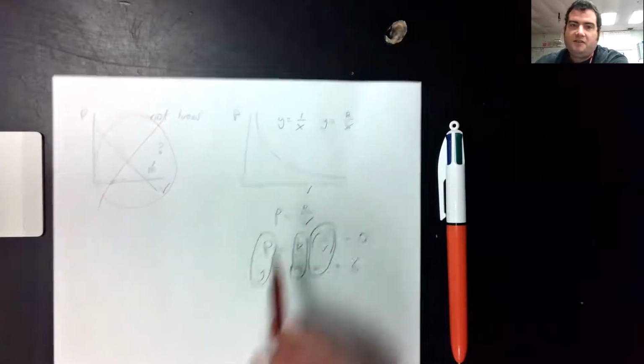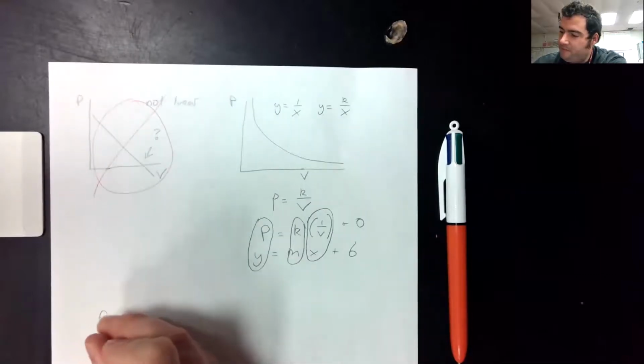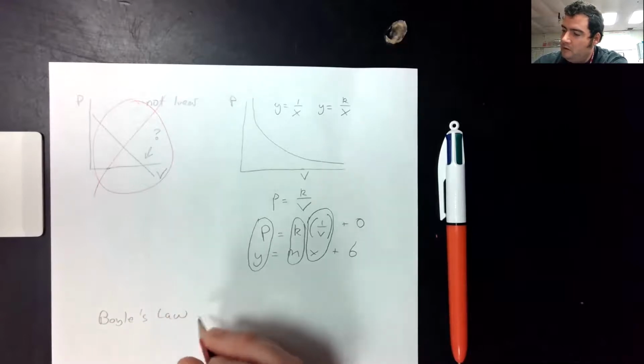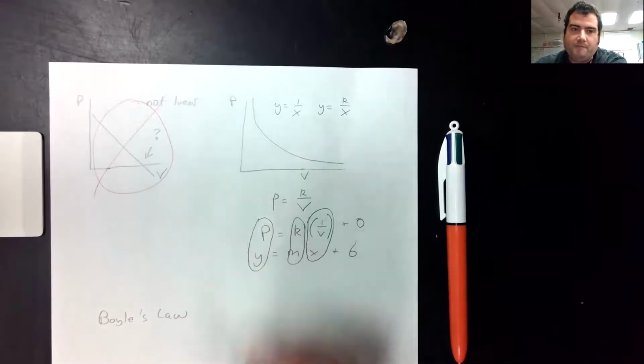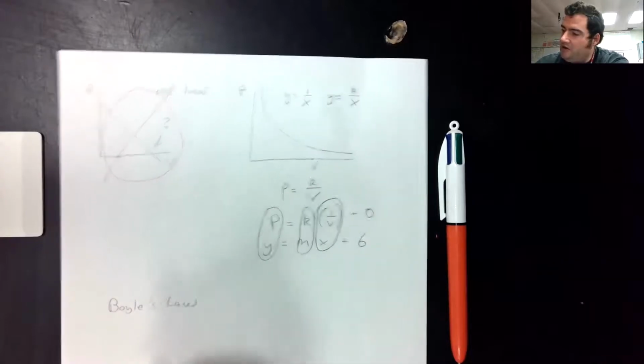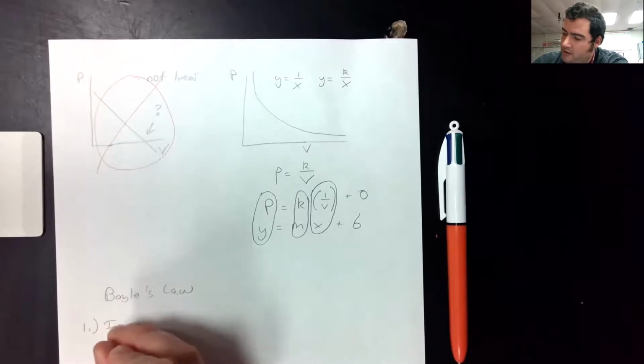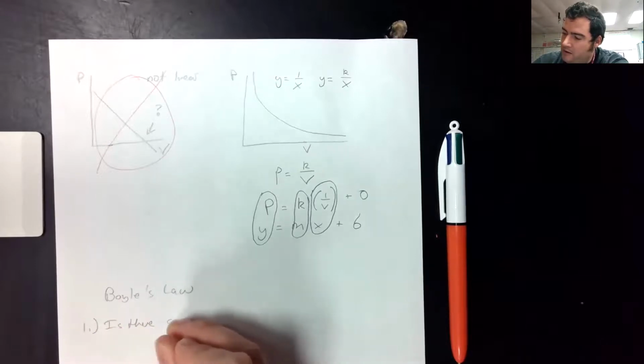So Boyle's law is this relationship here. The relationship between pressure and volume. And I wanted to see two things. One, is there an inverse relationship?